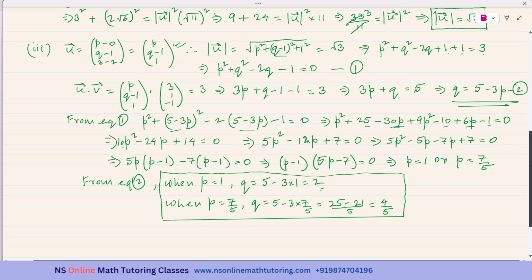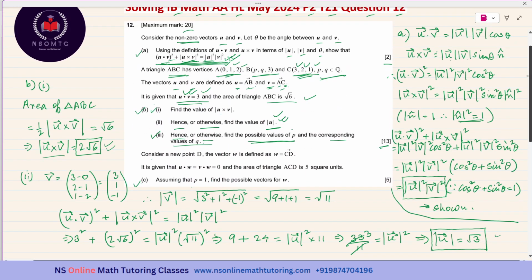Okay. So now part C. Consider a new point D. The vector W is defined as W equal to CD. It is given that U dot W equal to V dot W equal to 0, meaning the W vector is perpendicular to the U vector and also perpendicular to the V vector.